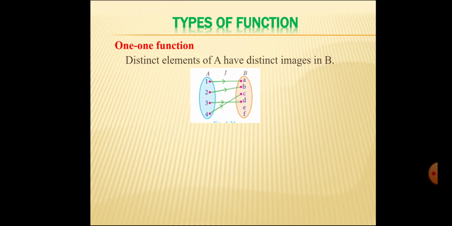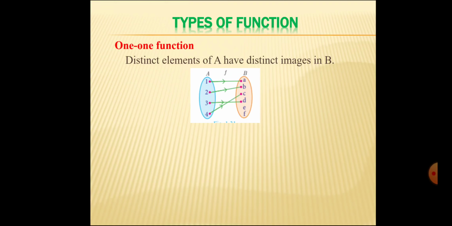Okay. Here one-one function means one element has one image. You see the diagram. The element 1 has one image, that is a. The element 2 has one image, namely b. The element 3 has one image, here d. The element 4 has one image, that is c.